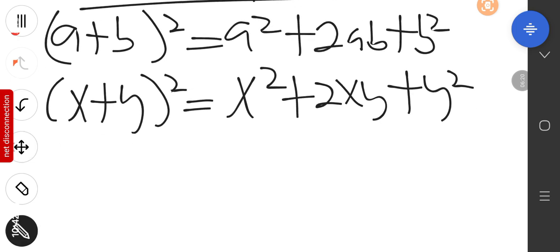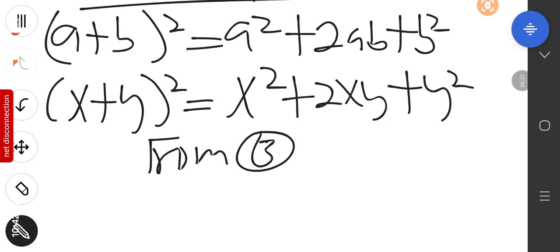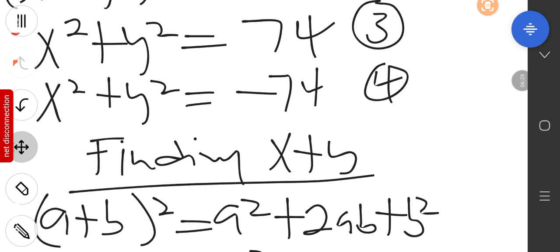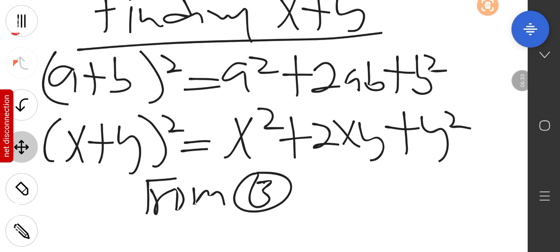So let's apply equation 3. From equation 3, the value for x squared plus y squared is 74.